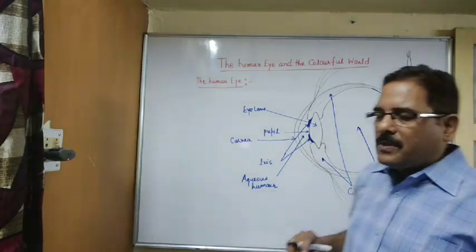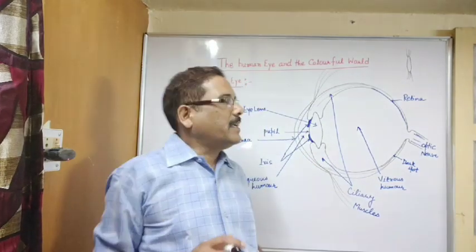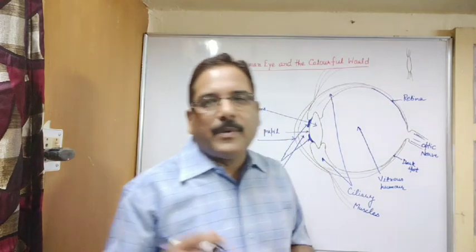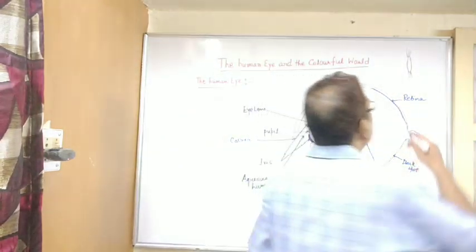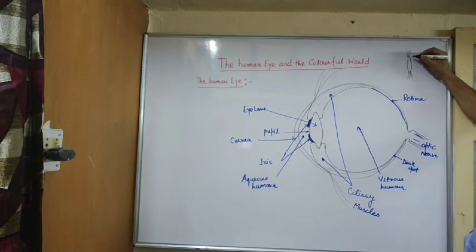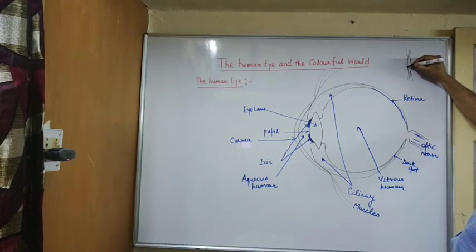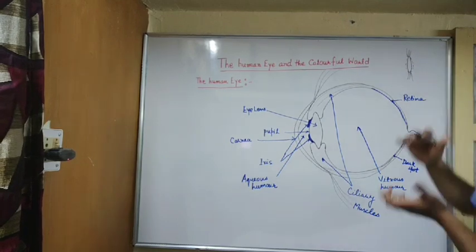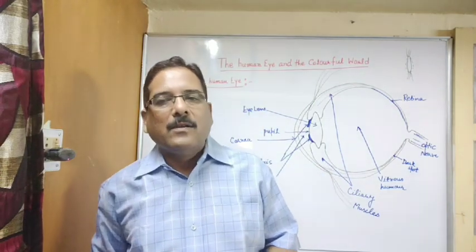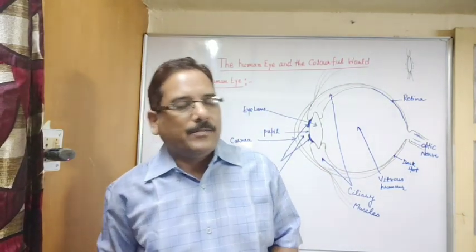When you have to see nearby objects, the ciliary muscles contract. If the ciliary muscles compress the eye lens, the thickness of the eye lens increases. And if the thickness increases, a thick lens has a short focal length, so you are able to see nearby objects.